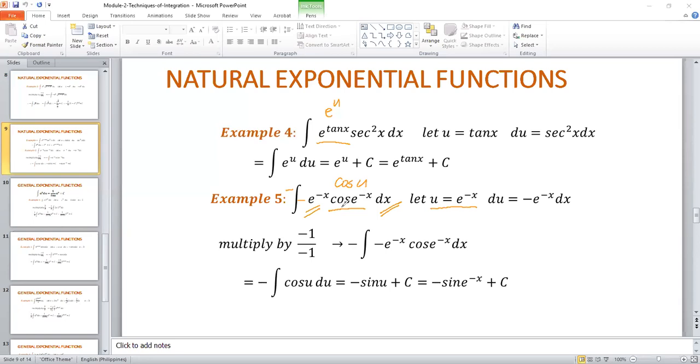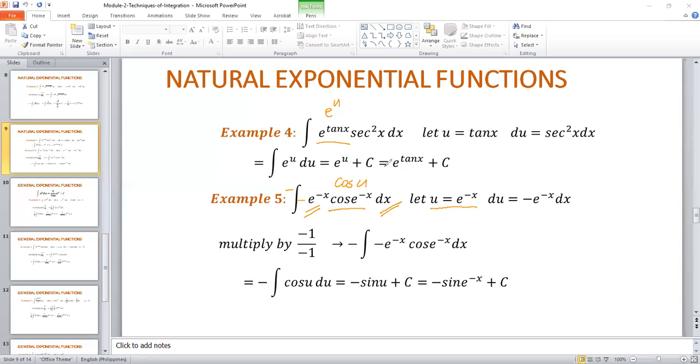You only use the concept of the derivative of the exponential function in here, to complete the derivative of the u in this cosine function, which is exponential in nature. So what's the integral of the cosine? It's positive sine. But since you have negative here, so you could see here, negative sine of e raised to minus x. Because our primary function that was integrated is not exponential, but rather trigonometric in nature.